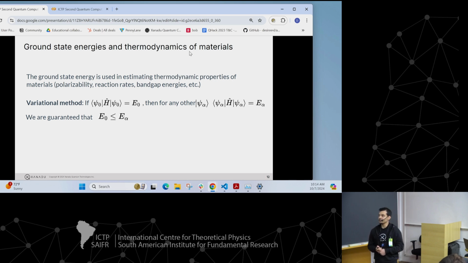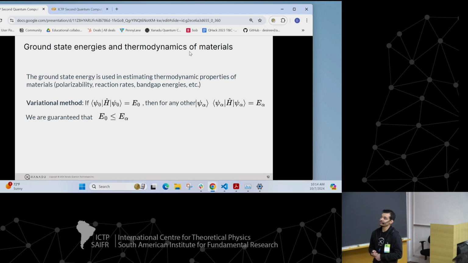And the crux of the variational method is that you're guaranteed that no matter what wave function you use, other than the true ground state wave function, the value of this energy E alpha is always going to be greater than the true ground state energy. So the idea then is you estimate this E alpha, you vary the parameters in a way that minimizes this value. And no matter how small you get, you're always guaranteed to be above the true ground state energy.